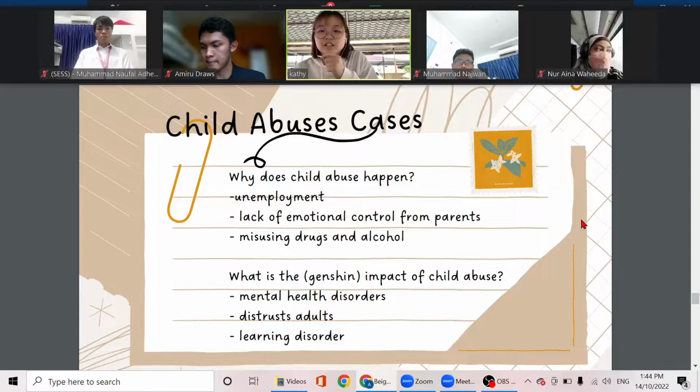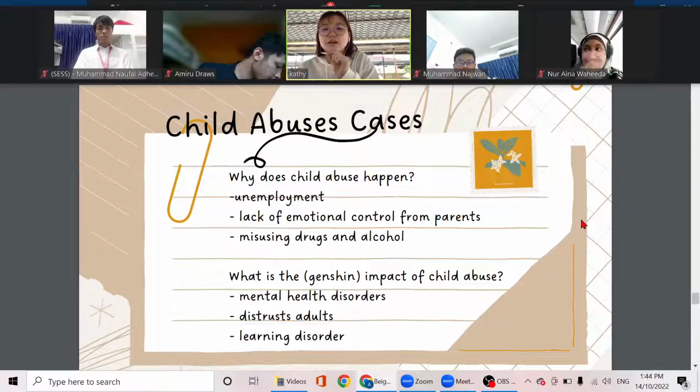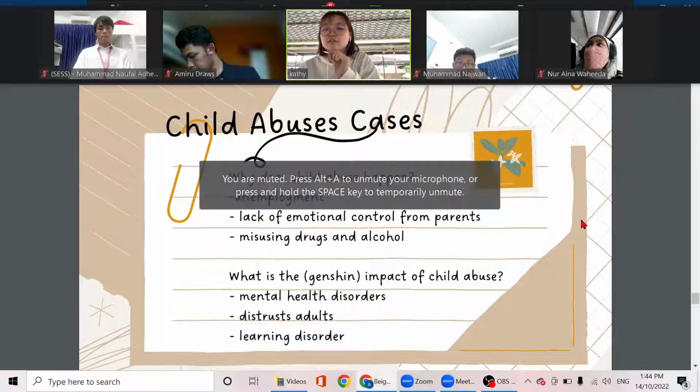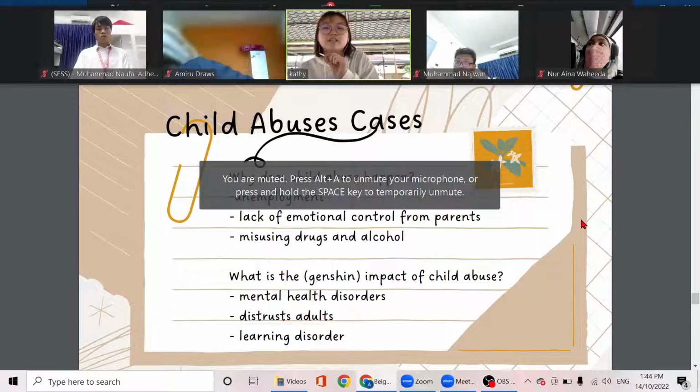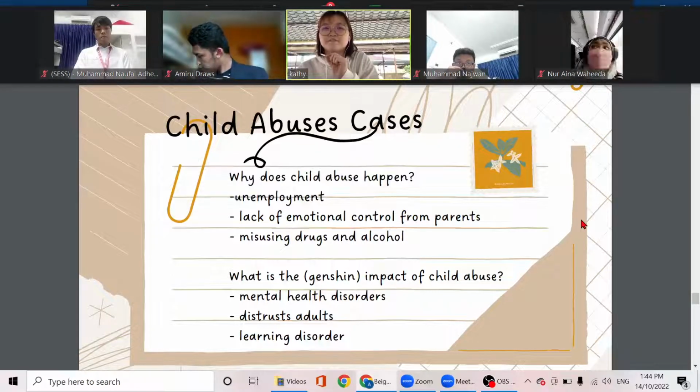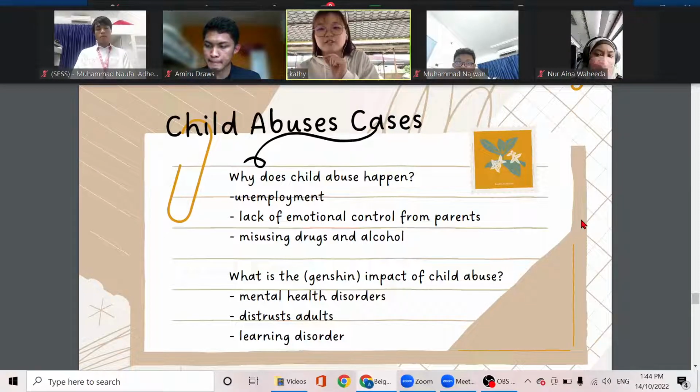I think during COVID-19, child abuse became more common because of unemployment, because the parents lose their income and become angry more easily, and this is why they lack emotional control.